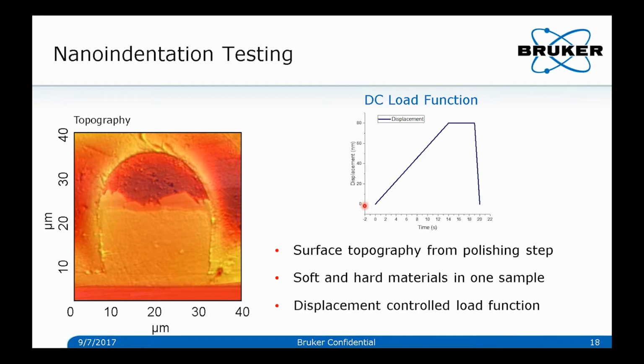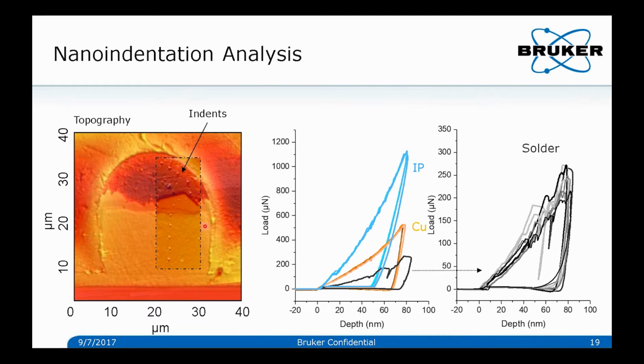So what we're going to do is do some displacement-controlled indents to a depth of 80 nanometers. So we're going to start from the surface. We're going to ramp up to 80 nanometer depth, then hold that depth, and then unload. And we're going to repeat this on the different areas or different regions of the sample, on the hard phases as well as the softer solder phases.